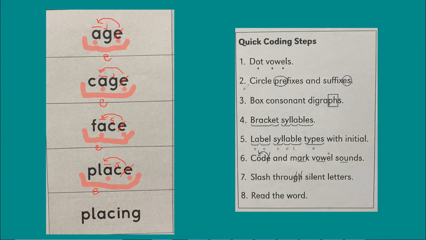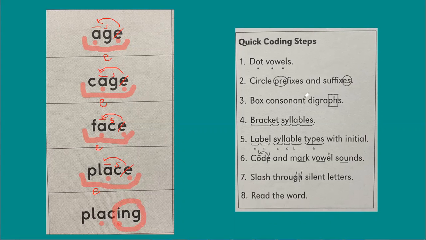Okay, the last one we're going to do today is placing. So this is a little different from the other words. We're going to start by dotting our vowels. Then circle prefixes and suffixes. So we have that ing at the end, our suffix, so circle that.